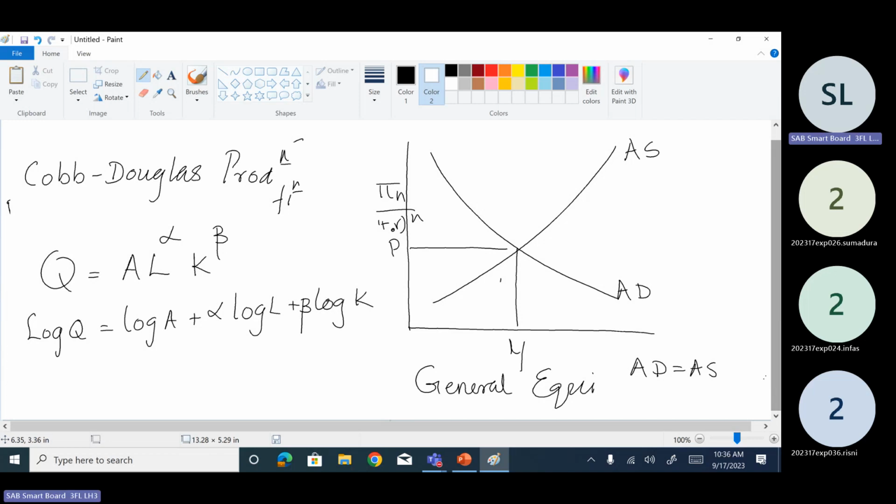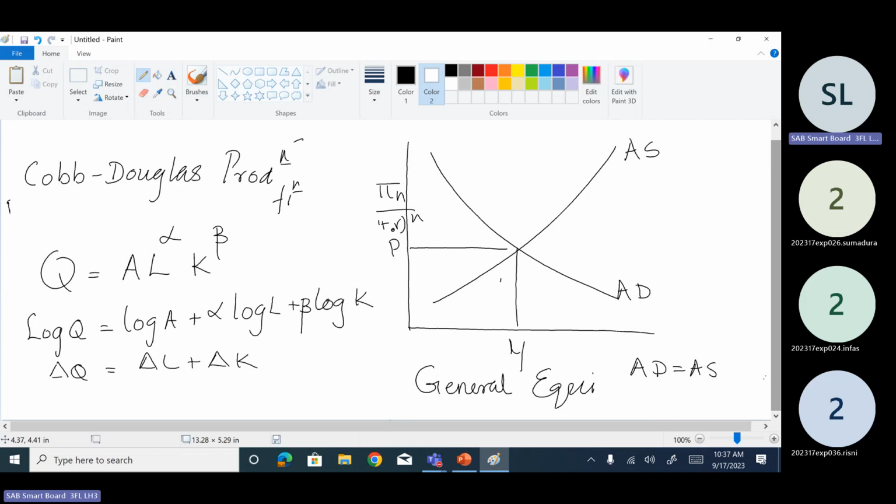So that means delta Q is due to the change in labor and capital. If you differentiate this Cobb-Douglas production function in terms of labor or in terms of capital, we can identify the slope of these curves and the marginal productivity of labor and capital.